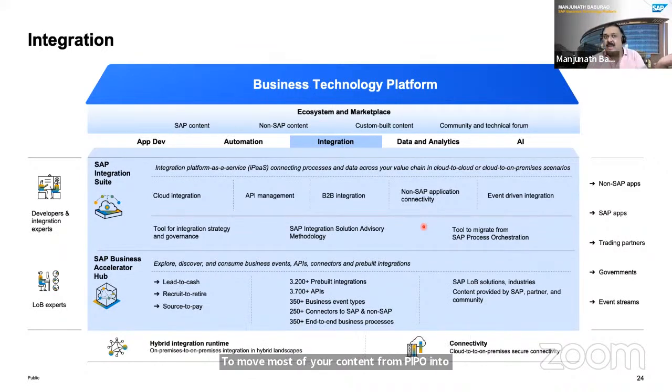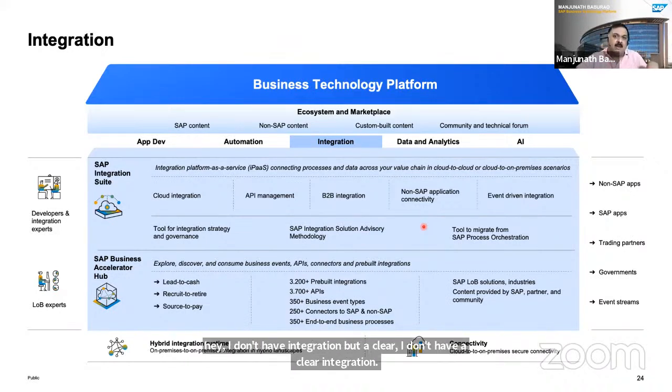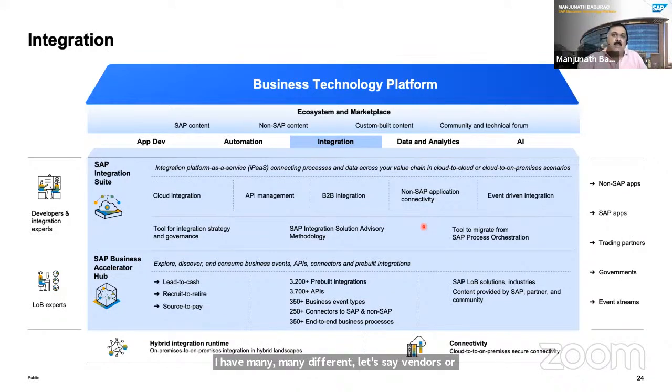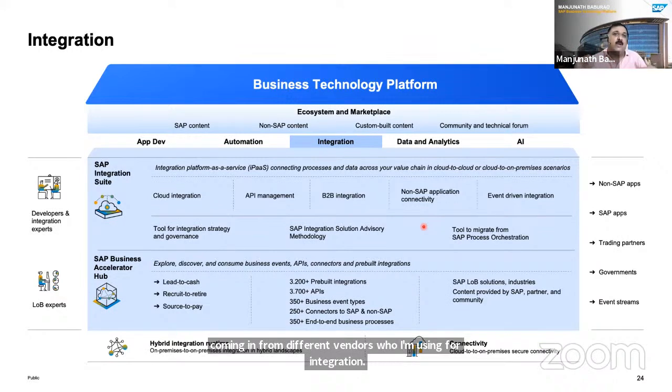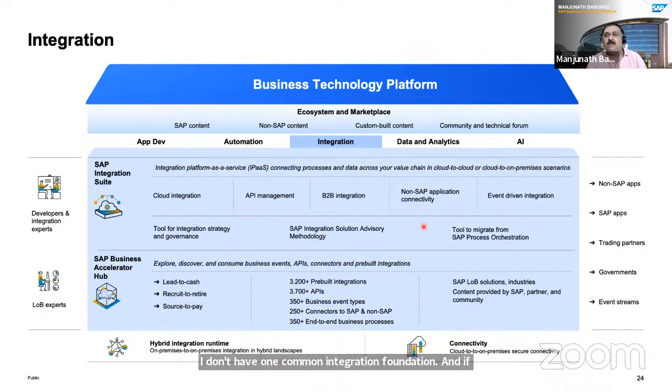Now, if you're saying that, hey, I don't have a clear integration, I have many different offerings coming in from different vendors who I'm using for integration, I don't have one common integration foundation, and you're looking to build something like that, that could also be a case where you could utilize what we call ISAM, the SAP Integration Solution Advisory Methodology.